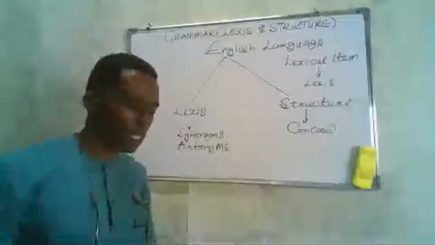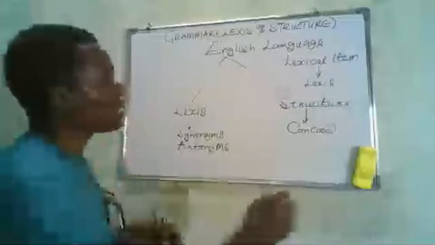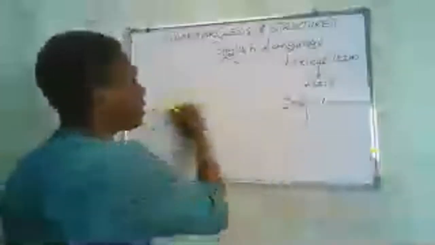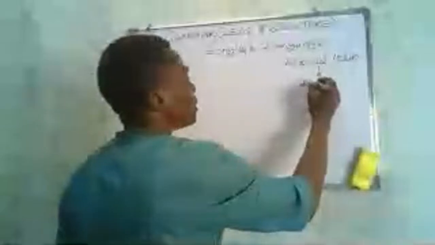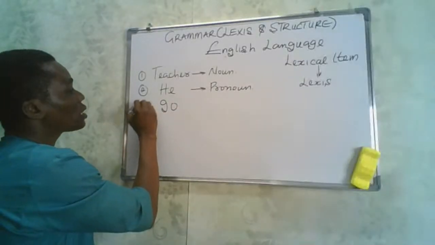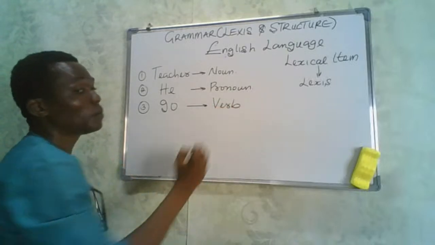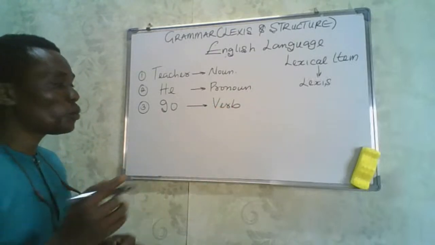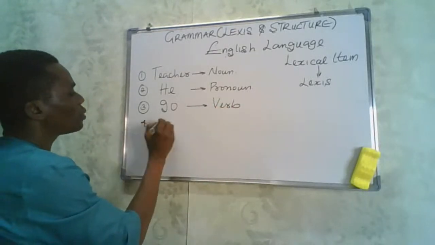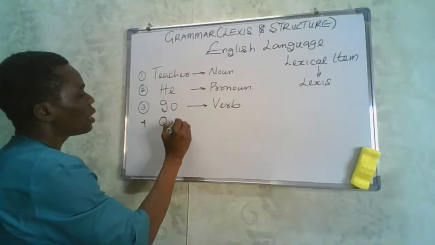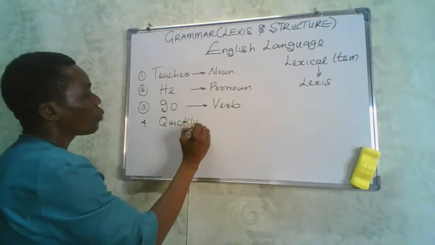What do they really mean? Some of these lexical items are taken from words like go, which is another aspect of word which can stand for the verb. In this aspect, we can still talk about somebody talking about something and he says sweetly, quickly.